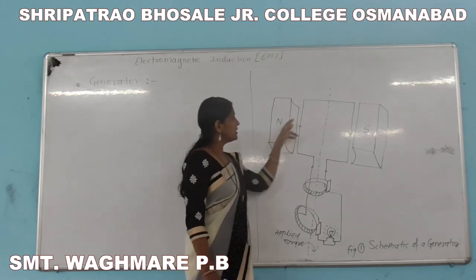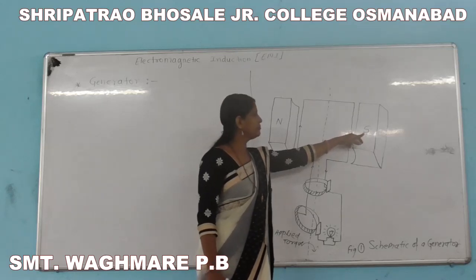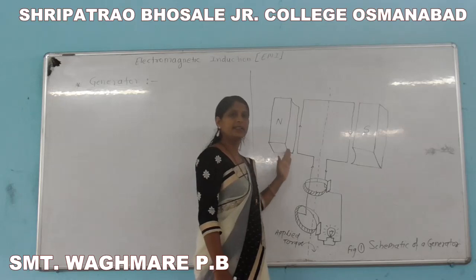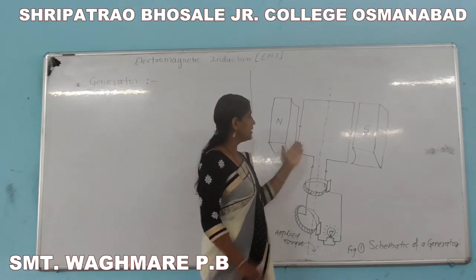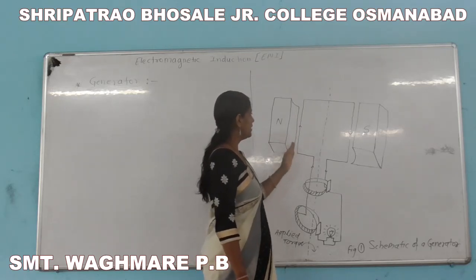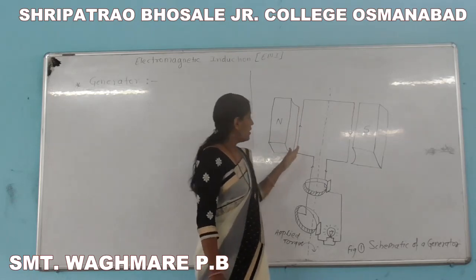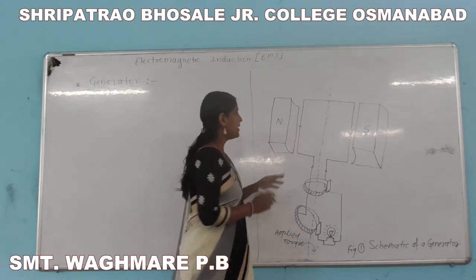Suppose this is the direction of the magnetic field, and when we apply torque on this coil, the arm of the coil will move in the upward direction.